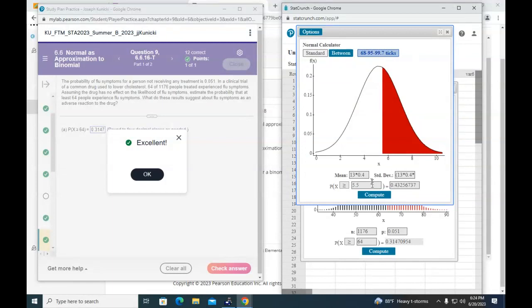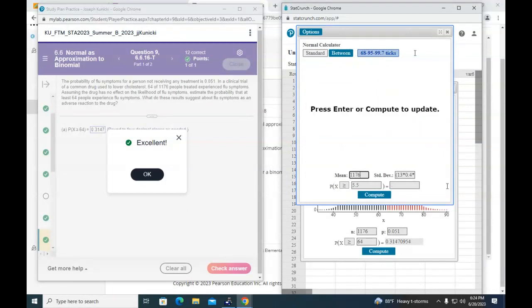So for this one, I would have to put in 1176 times 0.051. That's the mean, NP. And then for the standard deviation, I would use parentheses 1176 times 0.051 times the complement, Q, which would be 0.949, parentheses caret 0.5.